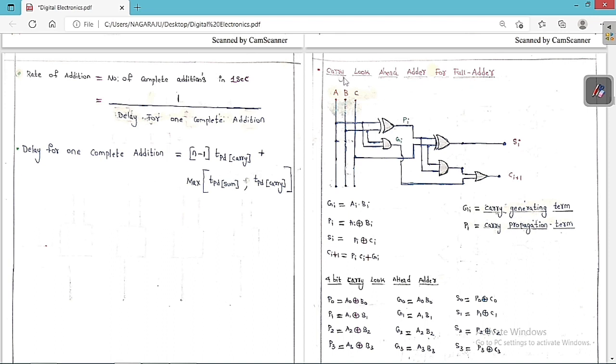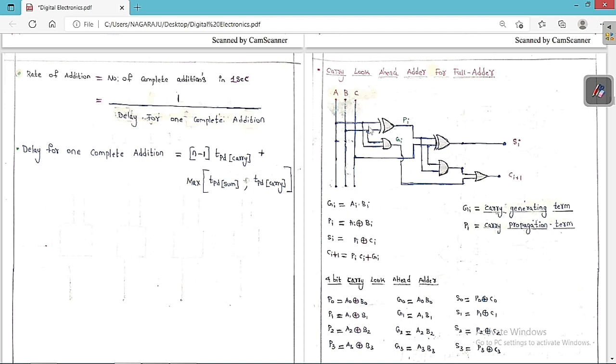Basically we are going to have 3 inputs A, B and C. Here we are going to build a circuit because the previous circuit, the parallel adder, takes a lot of time, since the carry has to travel from the first full adder to the nth full adder. Instead of doing this, we are going to go for the carry look ahead adder. Therefore it will take less time, but the circuit is very complex compared to the previous one.